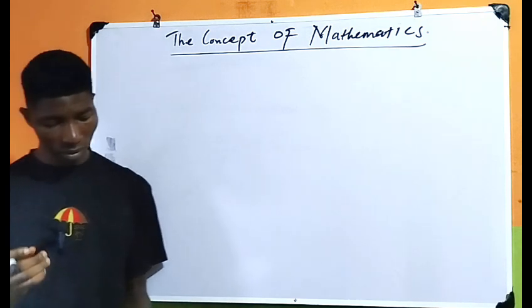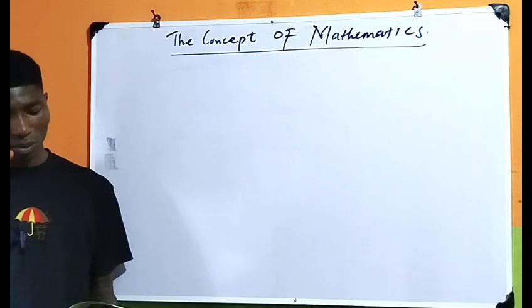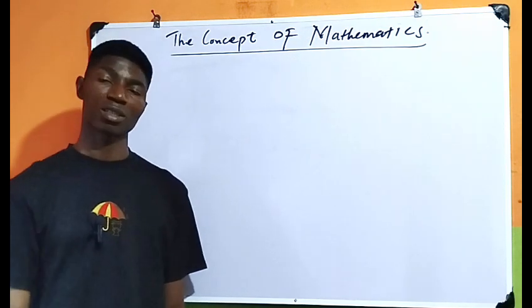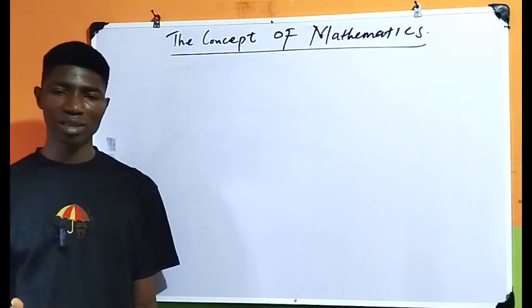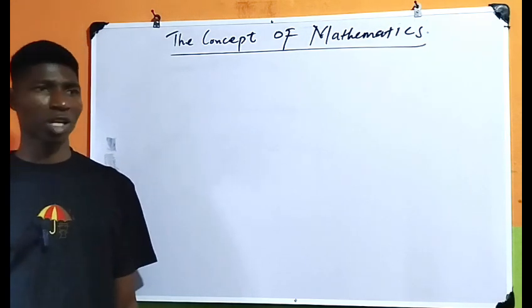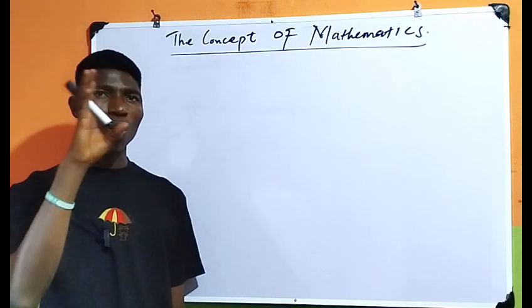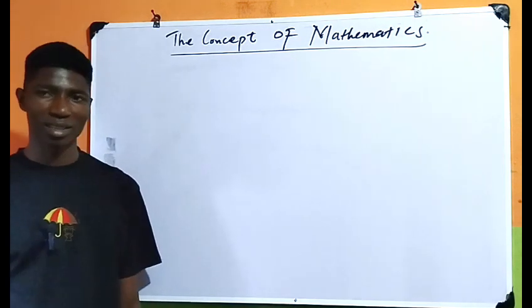Spatial reasoning: visualizing shapes and patterns. It's not something that you can see with your eyes. Sometimes you'll be given a question in mathematics in theory form. You're the one to draw the equation, paint a picture of the equation in your mind.